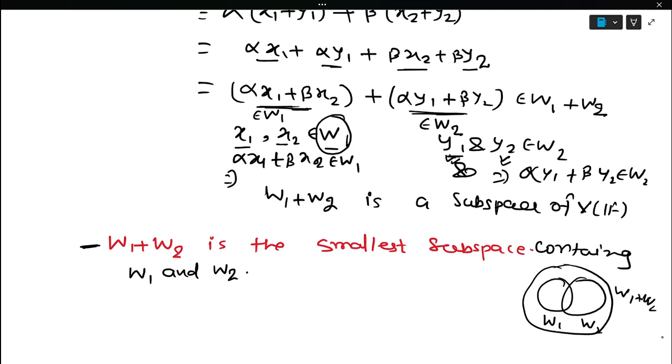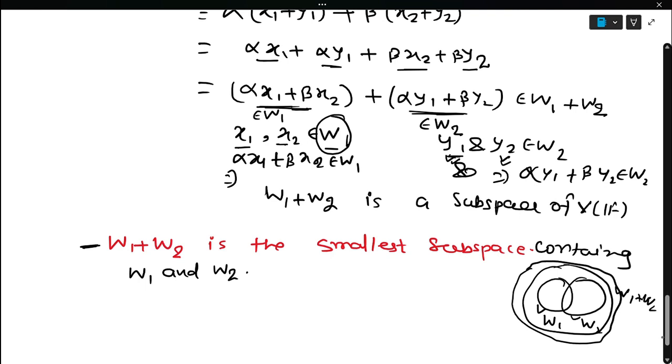So any other subspace which contains W1 and W2 has to contain W1 plus W2.